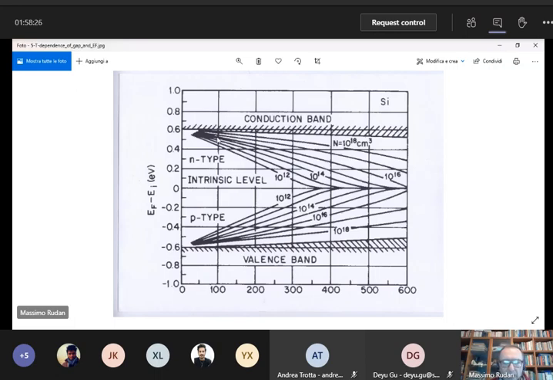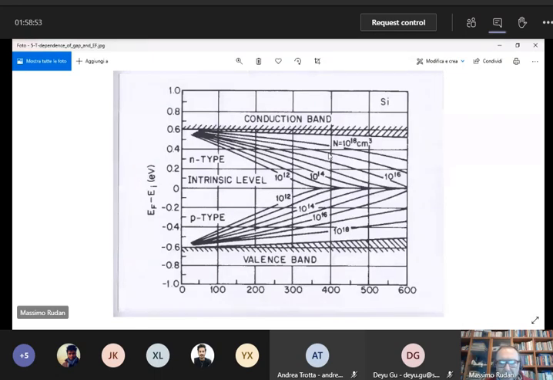But when you change the temperature, if you go to the right, the Fermi level will approach zero. That is the intrinsic situation, because you remember at high temperature, there are so many electrons and holes produced by silicon that the material behaves as if it was intrinsic, okay?